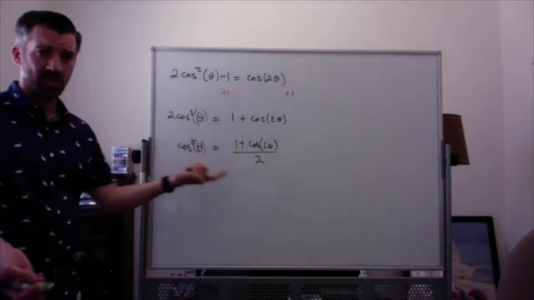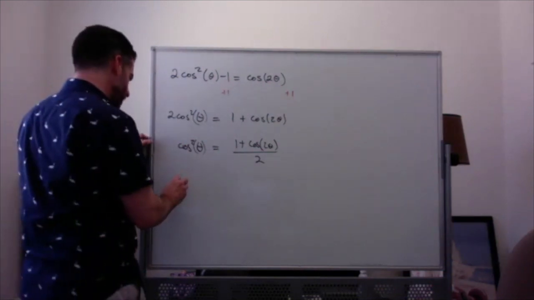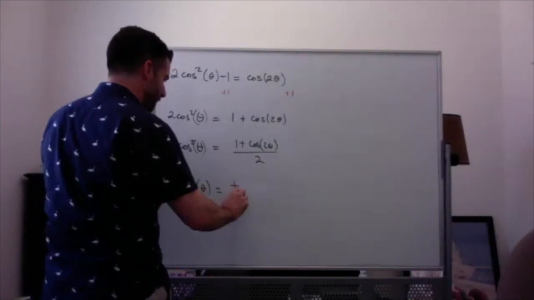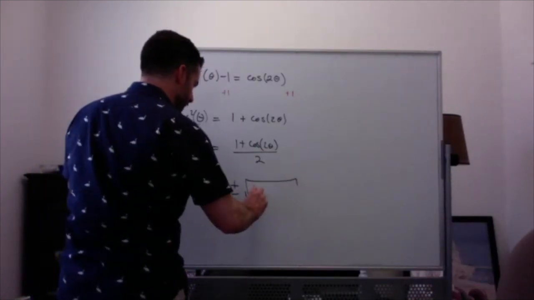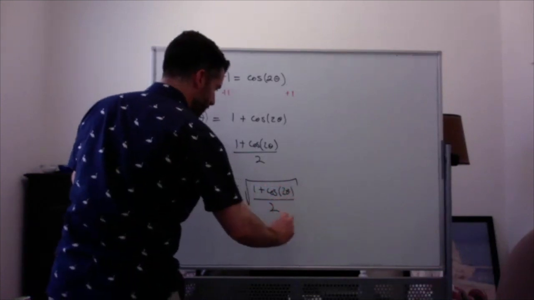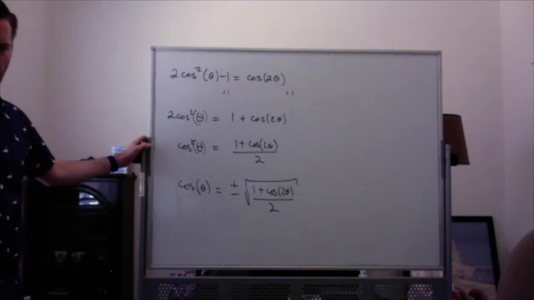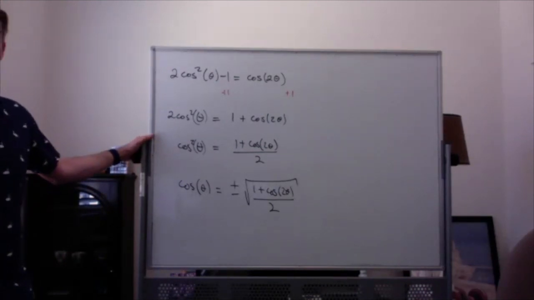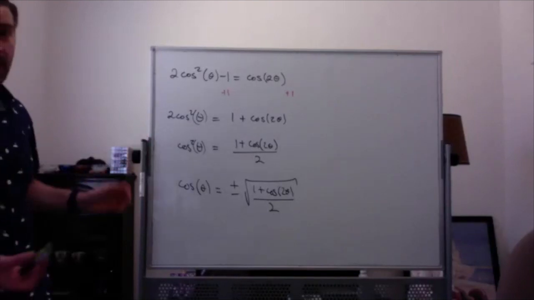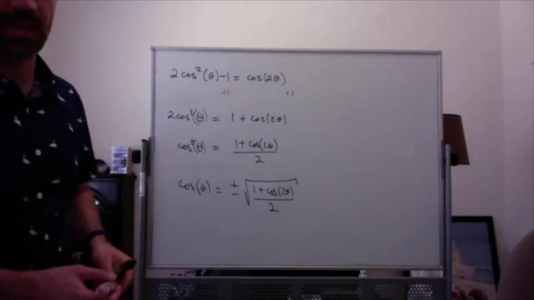So when we take the square root of both sides, we have to say that cosine of theta is equal to plus or minus the square root of 1 plus cosine of 2 theta all over 2. But cosine of theta isn't positive and negative. It's one or the other. It depends completely on what quadrant theta is in.